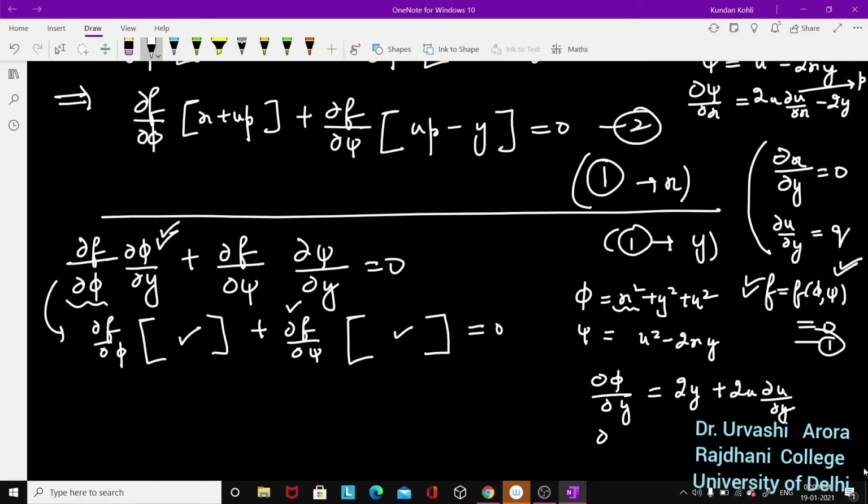And here del psi by del y is going to be 2u del u by del y minus 2x, because x will be treated like a constant, and the partial derivative of y with respect to y is 1.